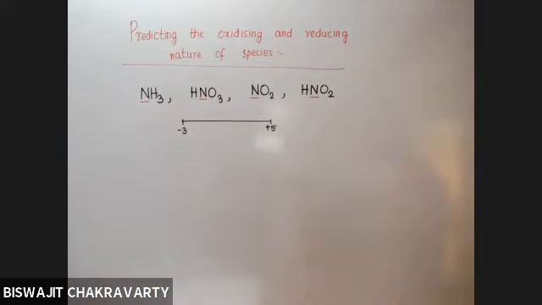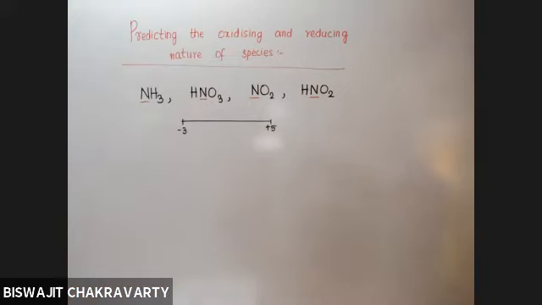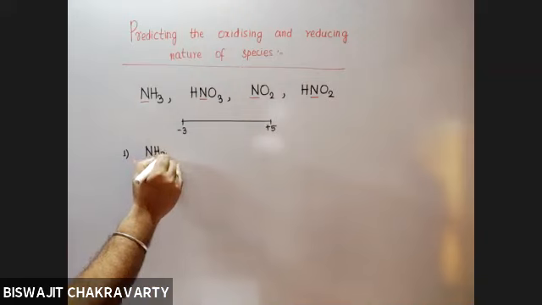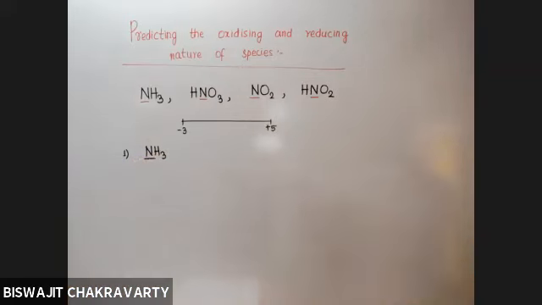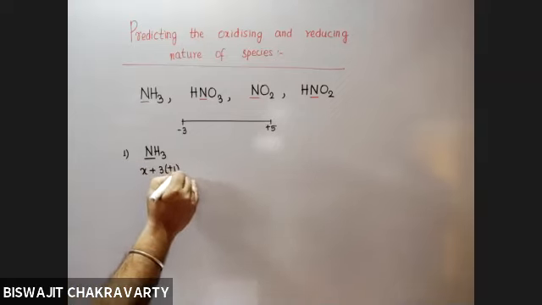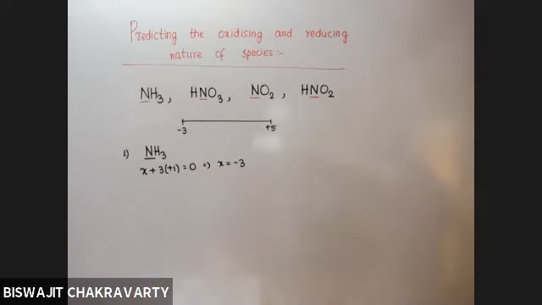Now we will individually calculate the oxidation numbers of nitrogen in all the 4 different compounds. Suppose in NH3, we have already calculated in the previous question. It is x plus 3 into +1 equal to 0, implies x equal to -3, isn't it? Yes, sir. Okay.